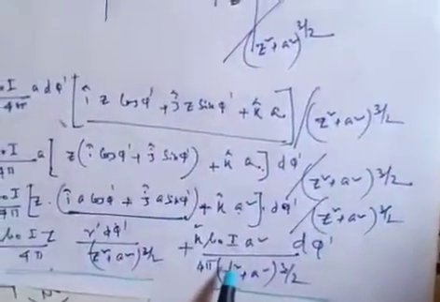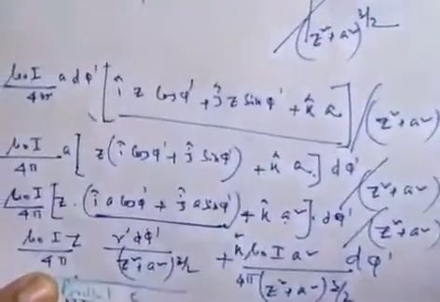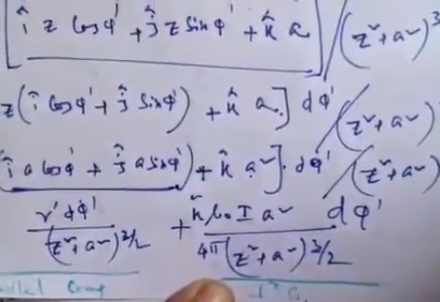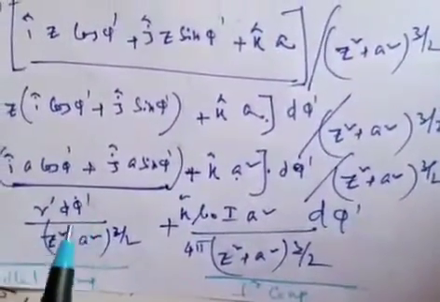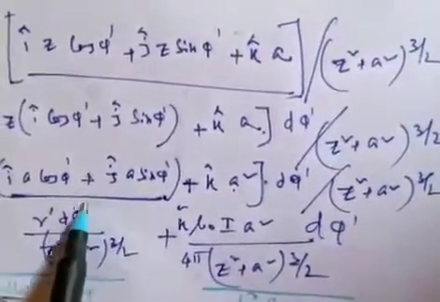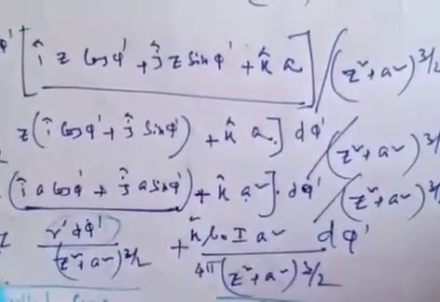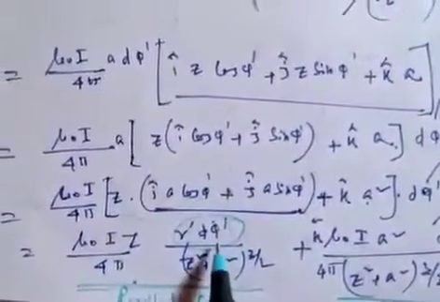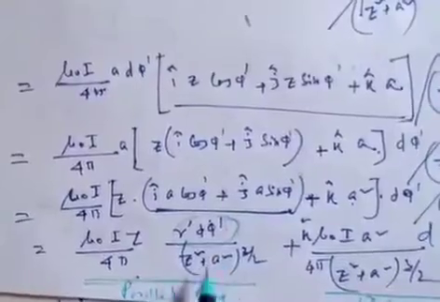There are two components. One is parallel component, this one. Another one is perpendicular component, this one. Due to the symmetry of the problem, that is basically in physics, due to this element r prime d phi prime, this portion already cancels out, because of the phi symmetry of the problem, due to the angular symmetry of the geometrical situation, this portion will be cancelled out from this figure.